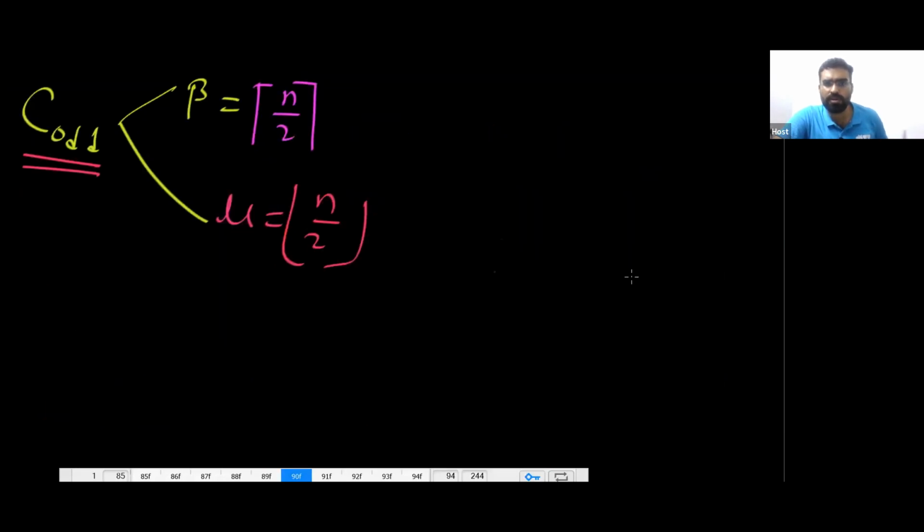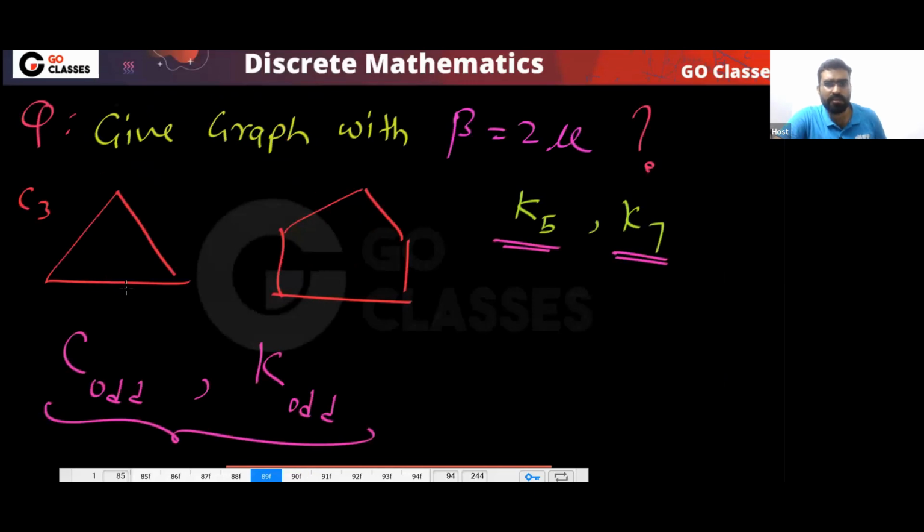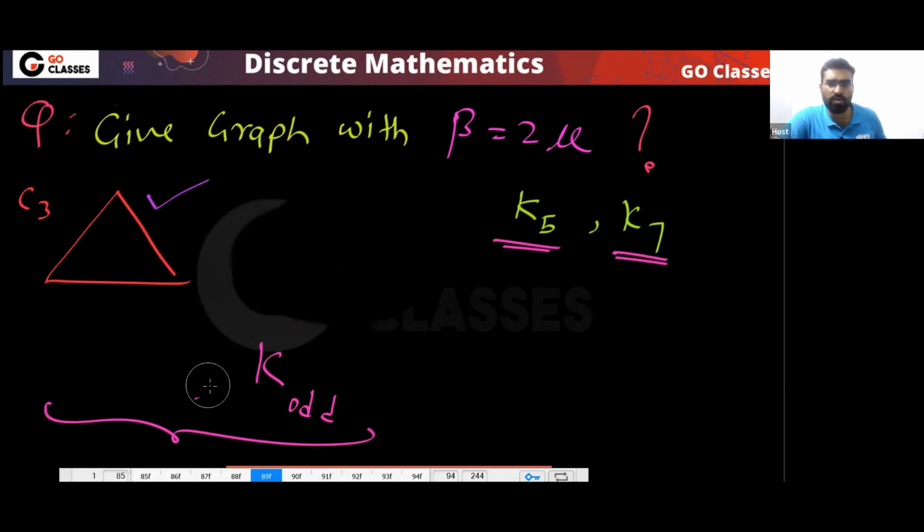Will it happen here? For C3 it is fine. For C5, will this happen? This will not happen for C5, right? So for C3 this will happen, but for C5 this will not.